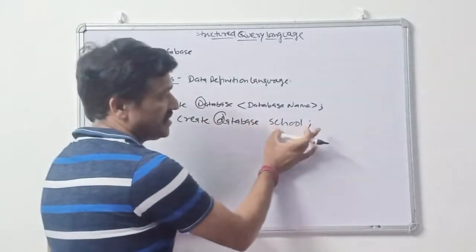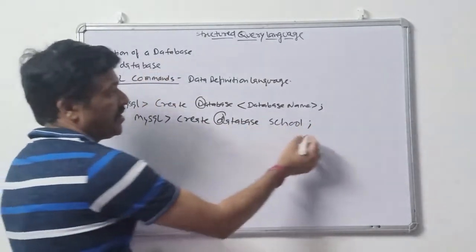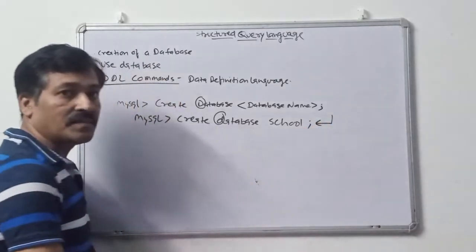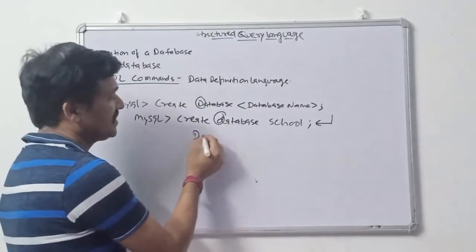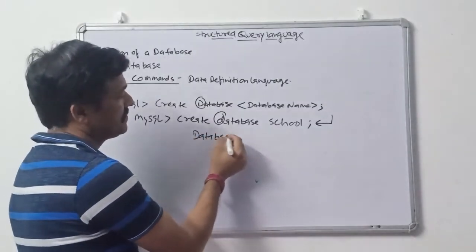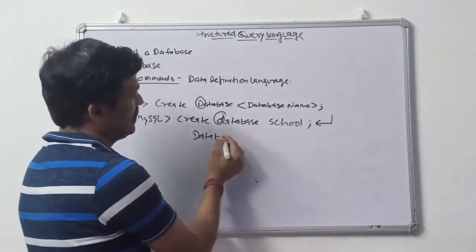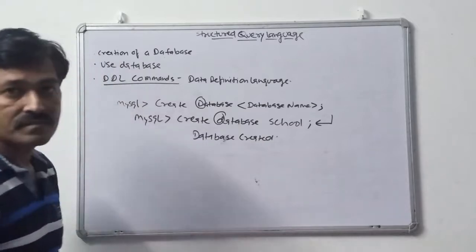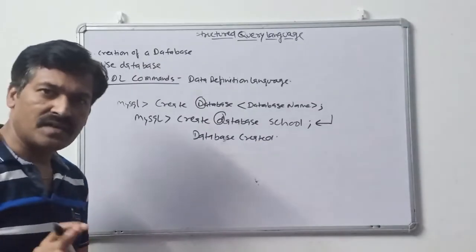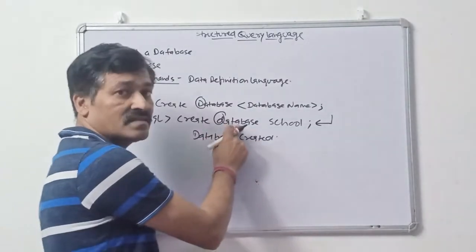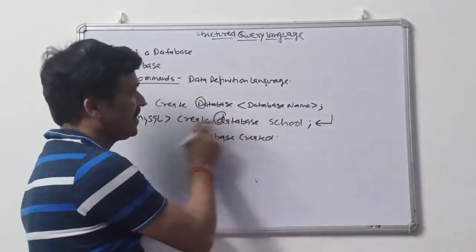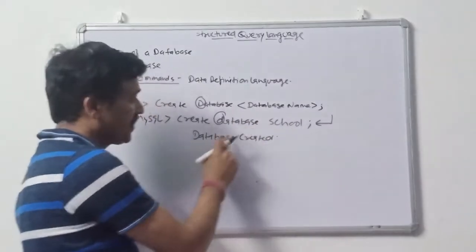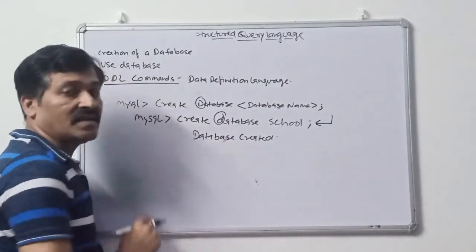Create database school. And when you press enter after writing this command, the message will be shown as database created. So a simple command, create database name. So create database school, and the database will be created.